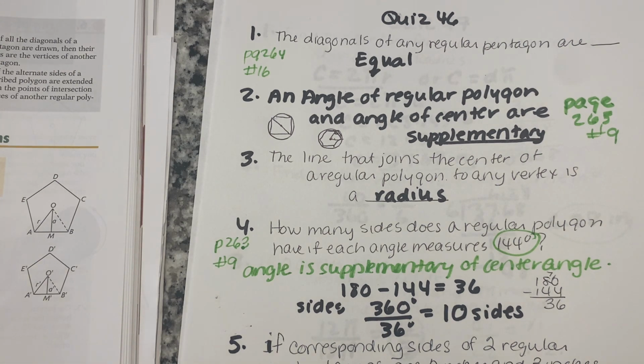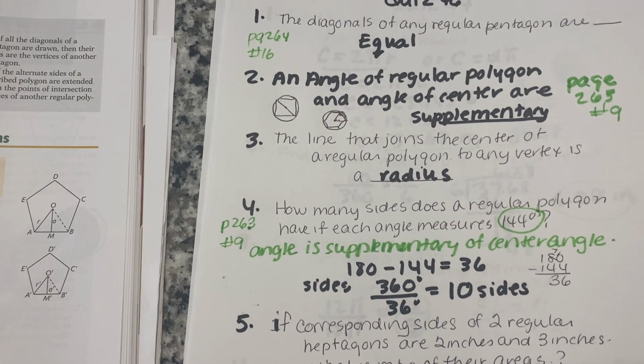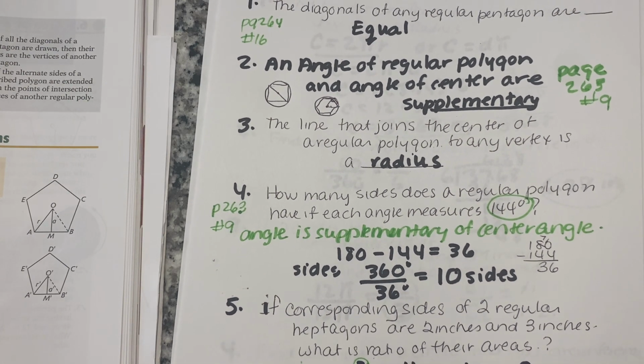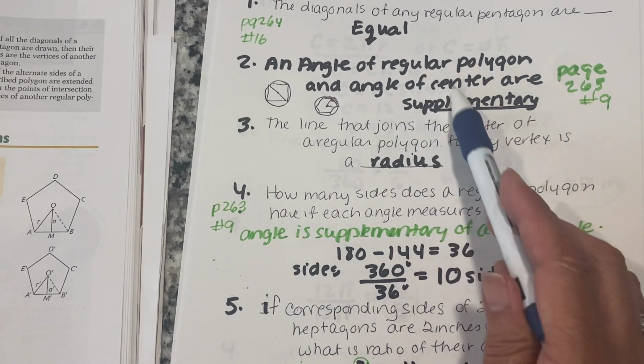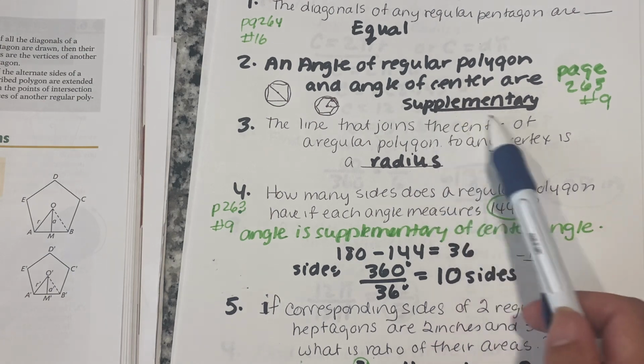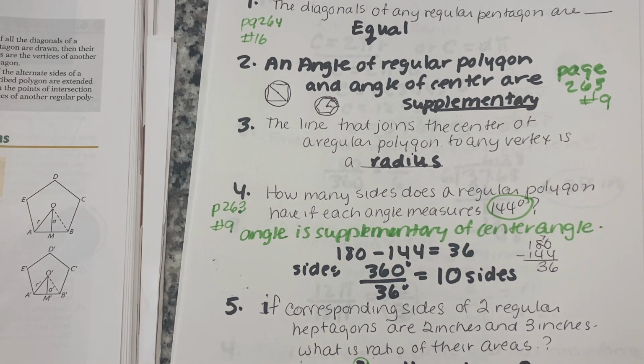Okay, so let's go on to number 3. The angle of a regular polygon and the angle at the center are supplementary. If it said external angle, they'd be equal. The line that joins the center of the regular polygon to any vertex is a what? Radius. So we already went through that.